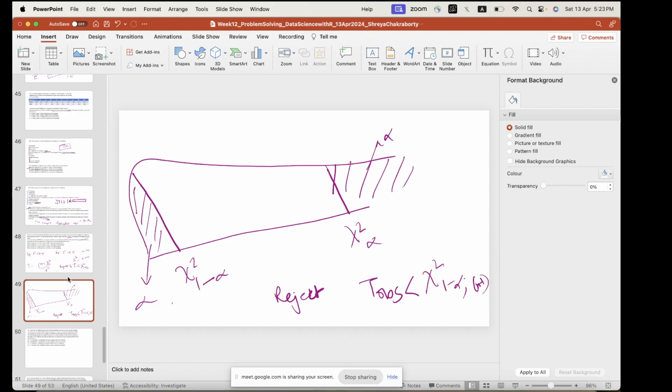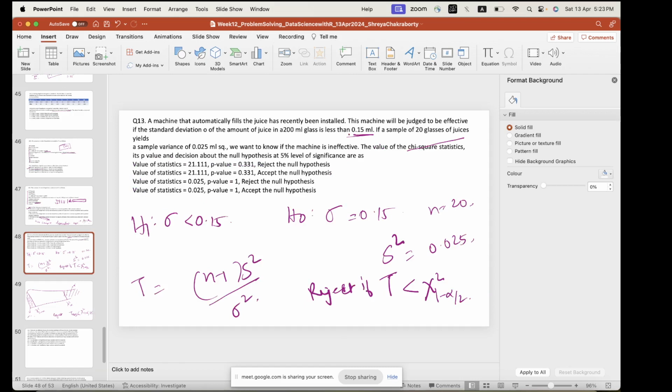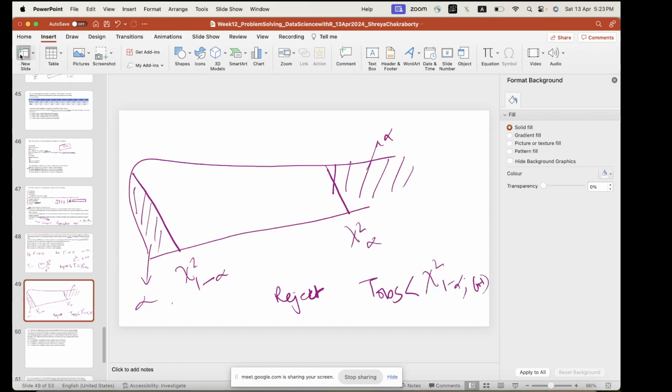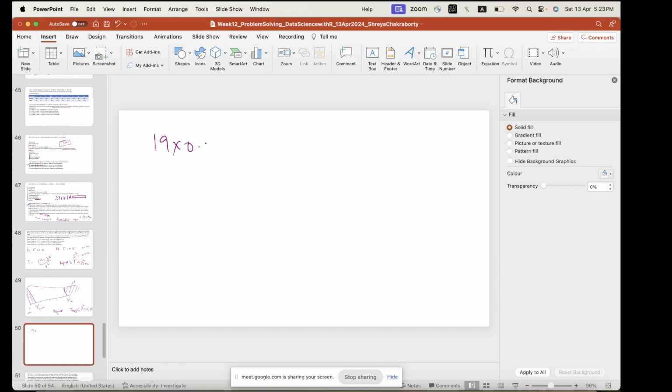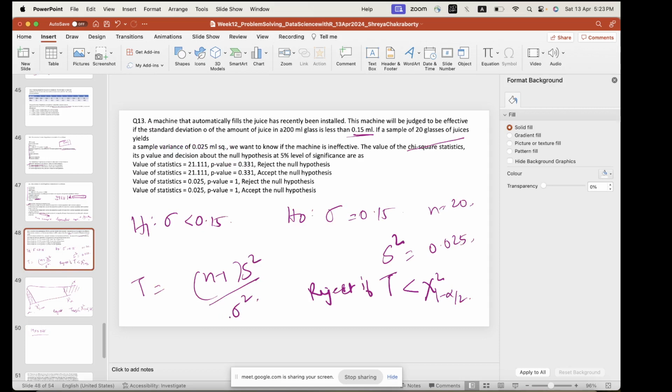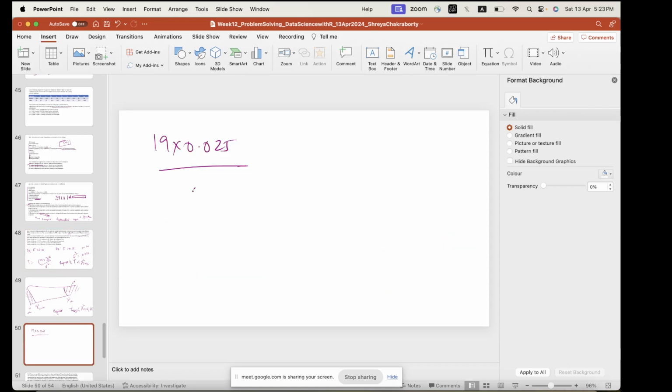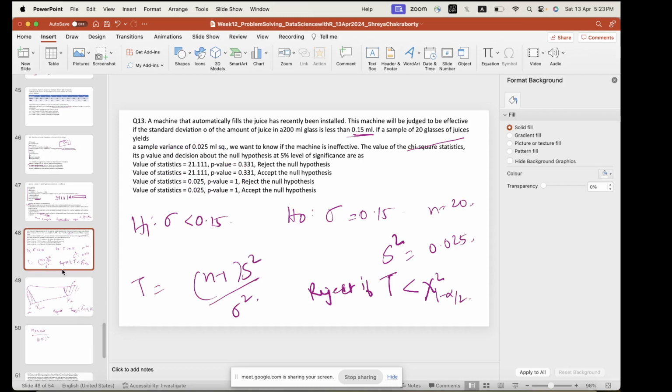So we'll just find out here. N minus 1 is 19, into S square, the sample variance 0.025. So t observed will be 19 into 0.025 by sigma square. Under H naught, what is sigma square? It is 0.15 whole square, the standard deviation, because they are mentioning standard deviation.